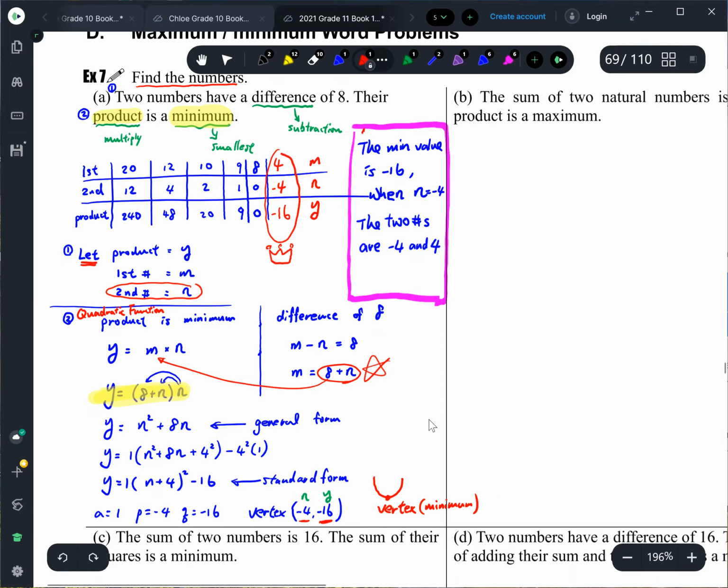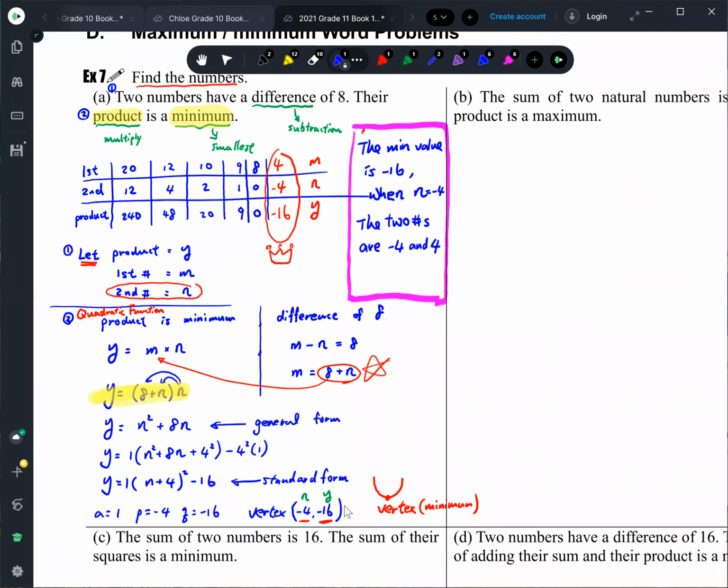Step 1 is to write the last statement. Step 2 is to get the function. Step 3, you need to interpret. That's the hardest part. You need to be able to answer the question in a sentence. Okay, any questions?